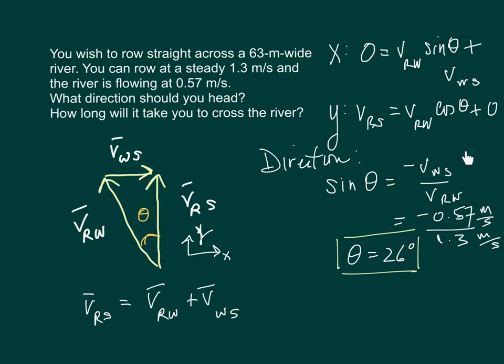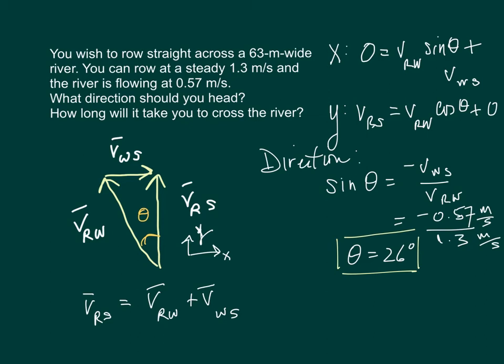It's the ratio of these two magnitudes, the velocity of the current over the velocity you can row with respect to the water. And that's just these two values here, 0.57 over 1.3. And if you plug that into your calculator to get the inverse of the sine, you'll find a quantity of 26 degrees.